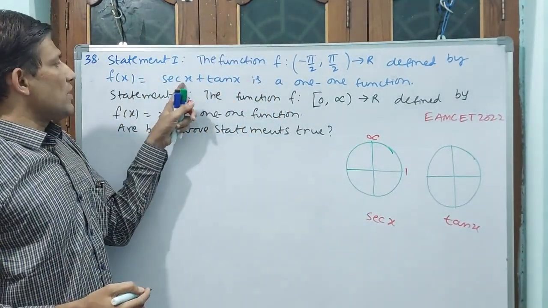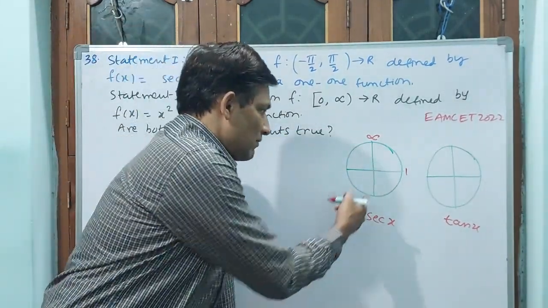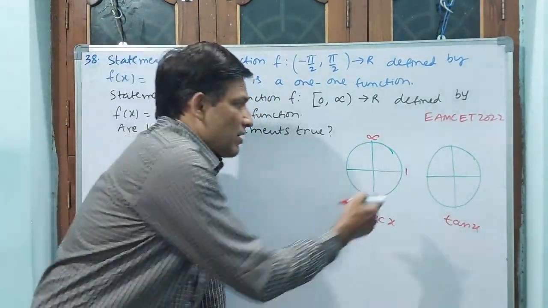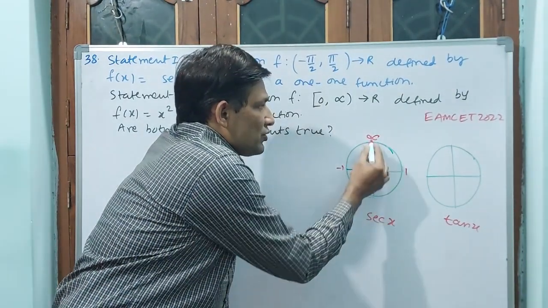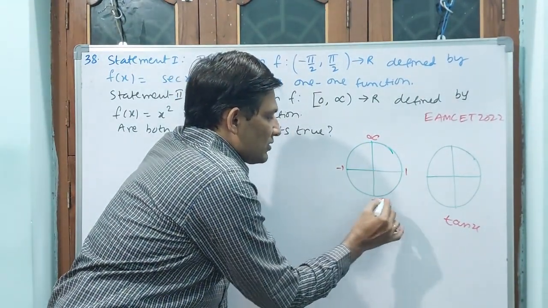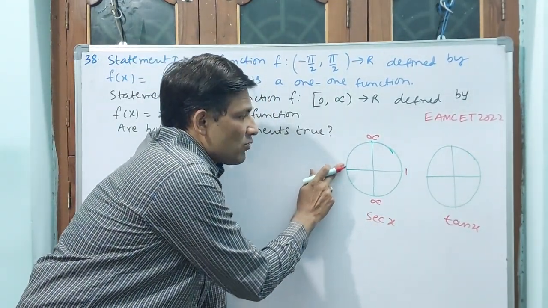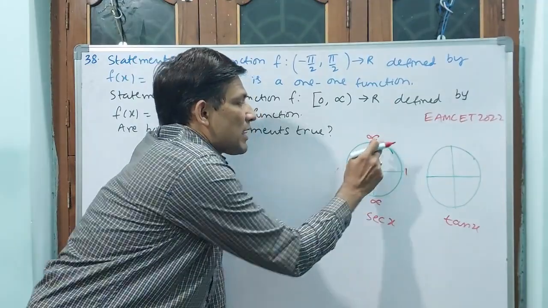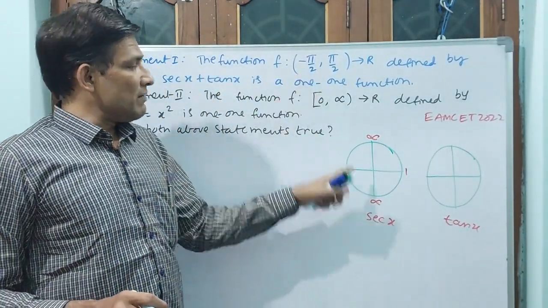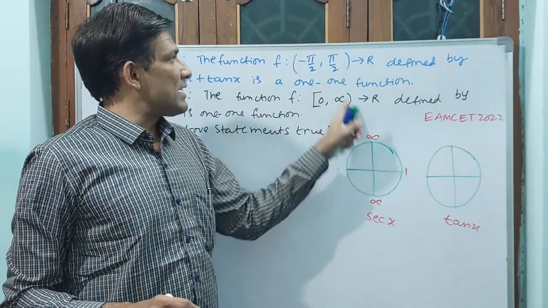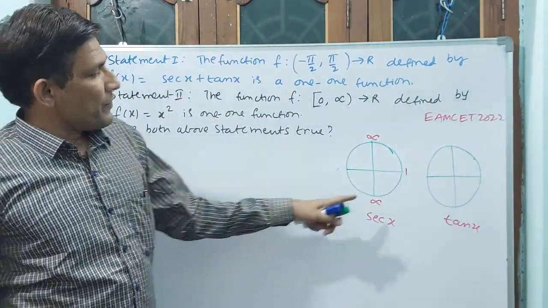Why? Because we are writing secant x plus tan x. Then what about cos? See, cos here 1, here minus 1, here 0, here 0. That means here also this is going to become infinity. But we are not seeing this, that is why don't confuse. We are seeing from minus pi by 2 to pi by 2, but minus pi by 2 and pi by 2 we are not giving. We are giving greater than minus pi by 2, less than pi by 2, open interval means. Is it okay?